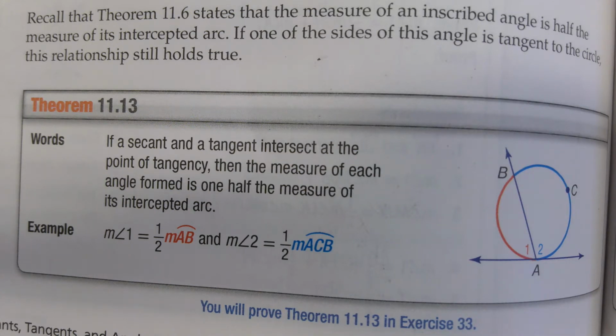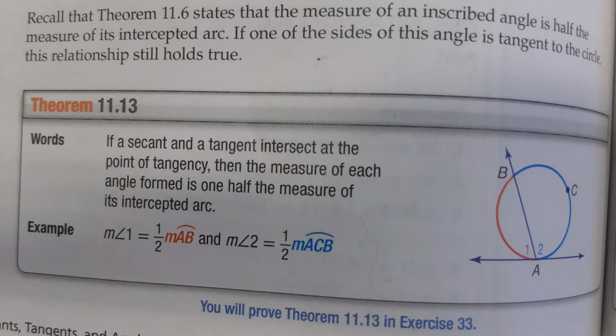Now, how do I know that they're inscribed angles? The vertex is on the edge of the circle. Even though the other side of this angle doesn't come back into the circle, these are still inscribed angles. So angle 2 is 1/2 of that arc.